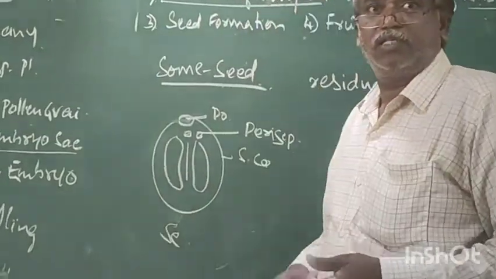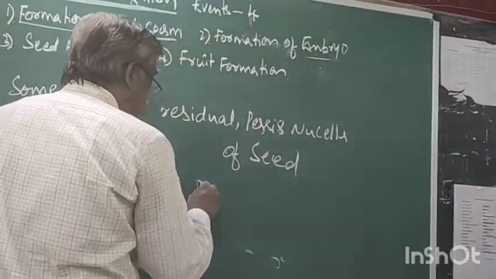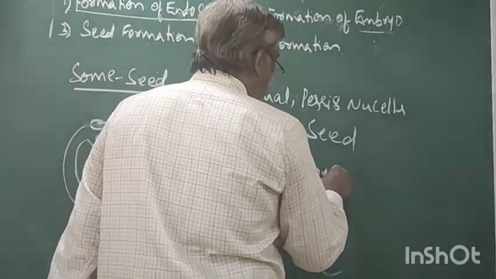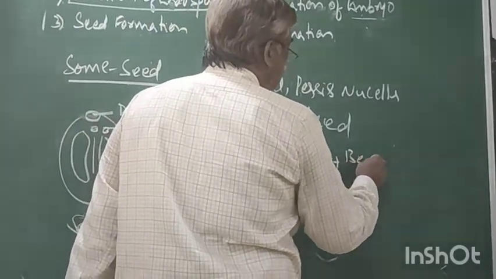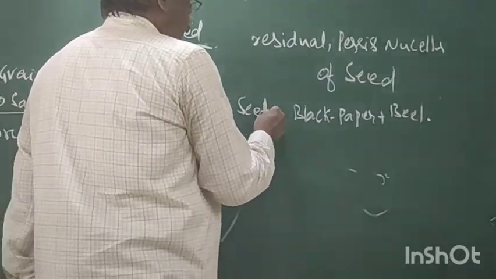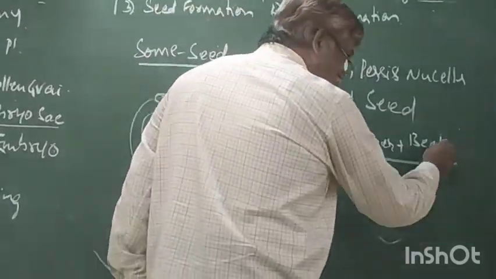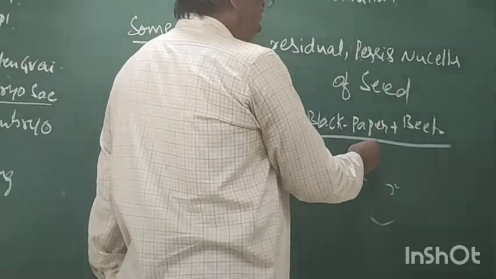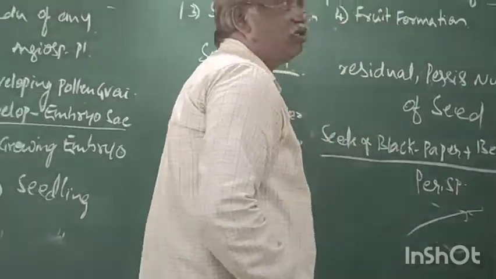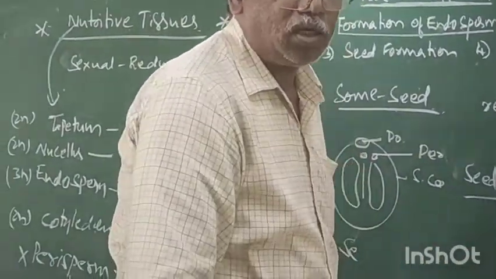But in some cases, like seeds of black pepper and wheat, right. Seeds of black pepper and wheat are examples for perisperm. It is an exceptional thing.